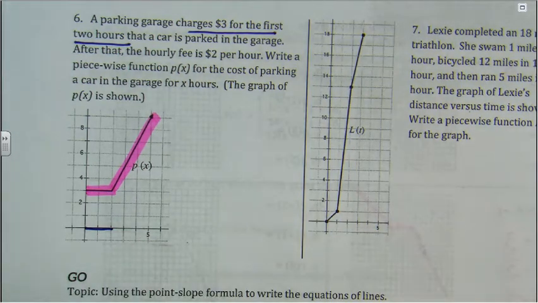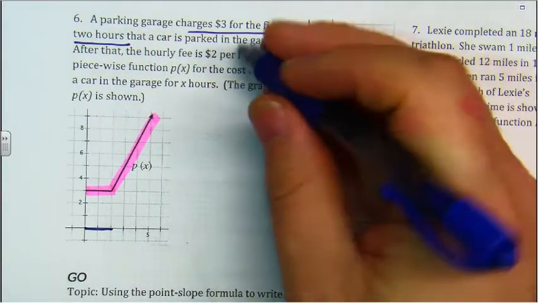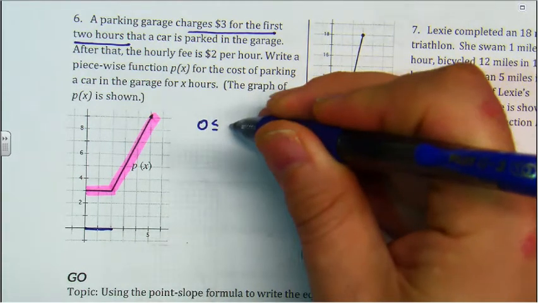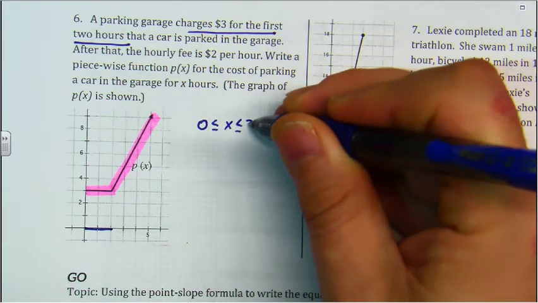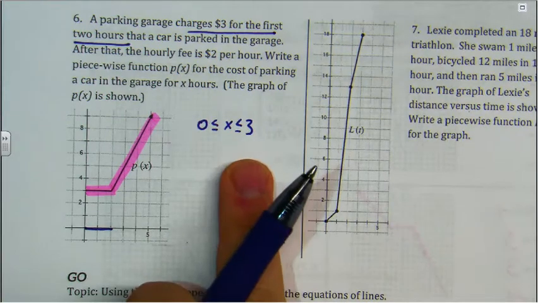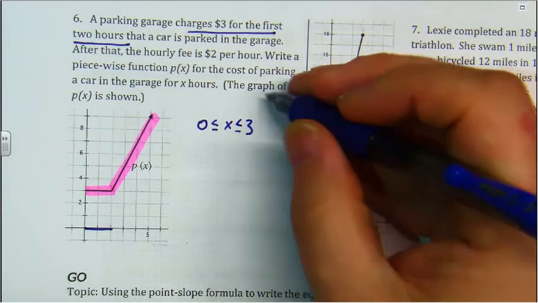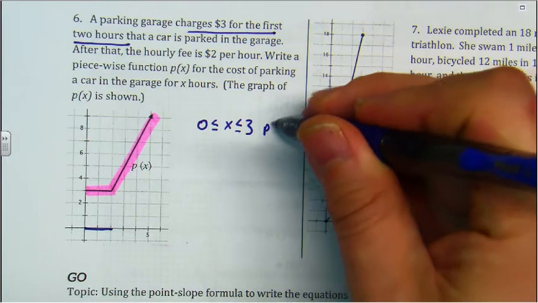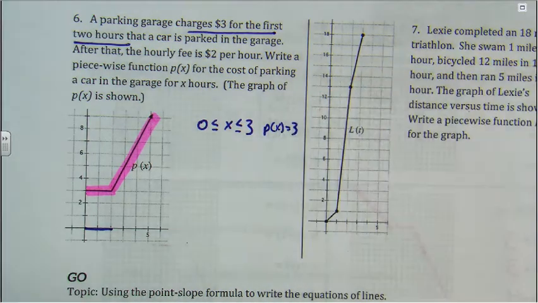So when we're thinking of writing this as a piecewise function, we know that as we go from 0 to 3 hours, we know that our function is going to be just p of x equals 3.